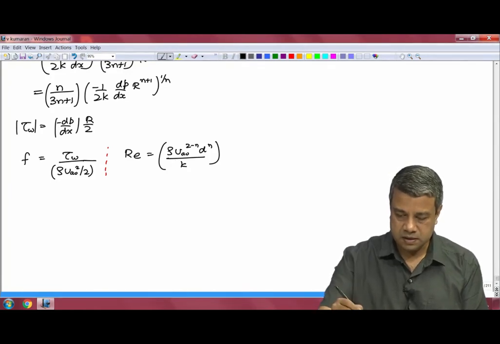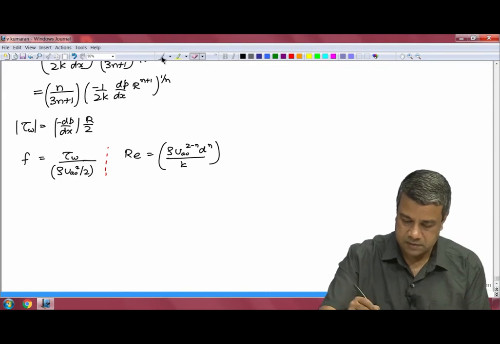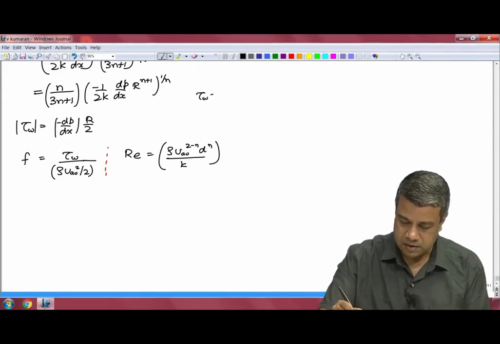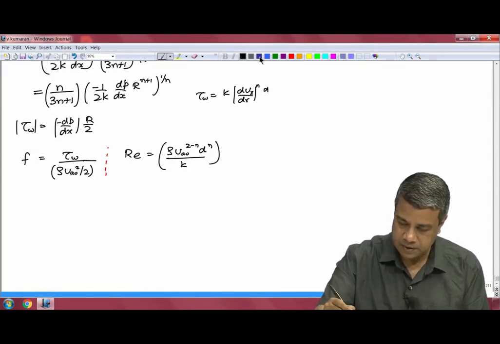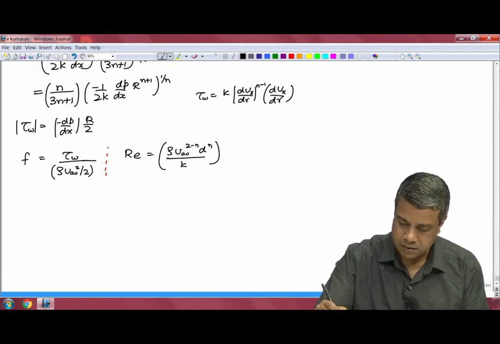You can see that the shear stress tau w is equal to kappa times dVx by dr whole power n into dVx by dr. Okay.